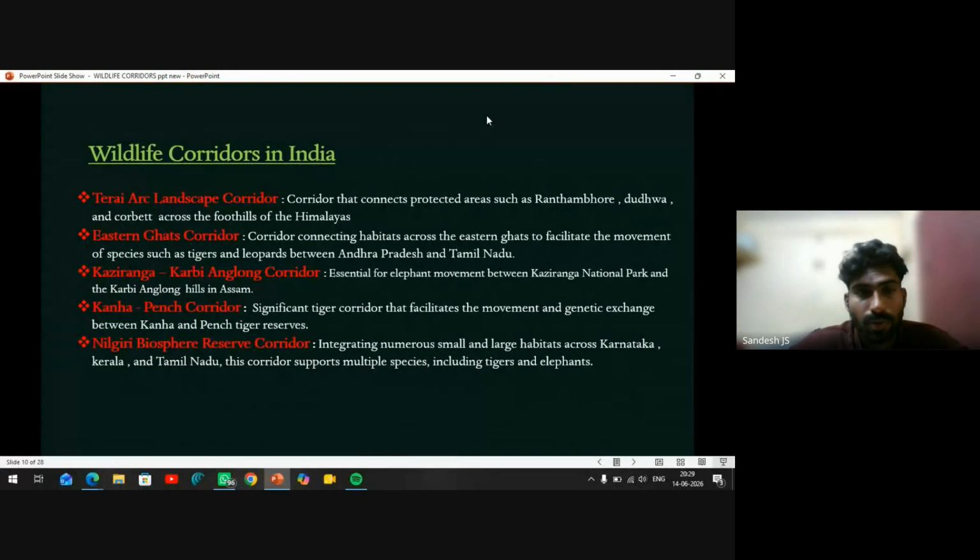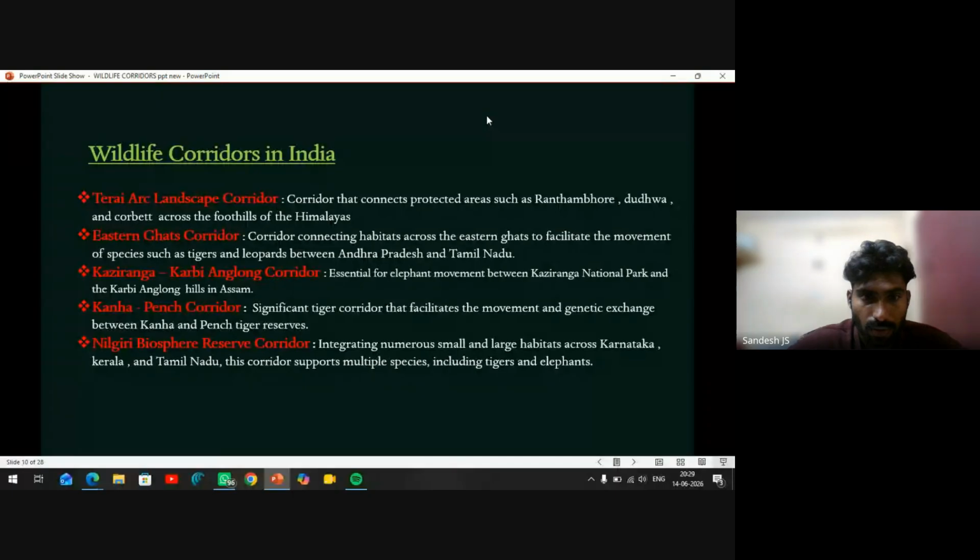Next is the Eastern Ghats corridor, which facilitates the movement of species such as tiger and leopard between Andhra Pradesh and Tamil Nadu. Next is the Kaziranga-Karbi Anglong corridor, an important corridor for elephant movement between Kaziranga National Park and Karbi Anglong hills in Assam.